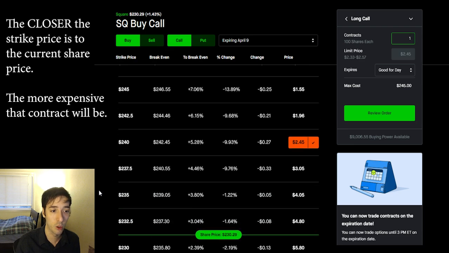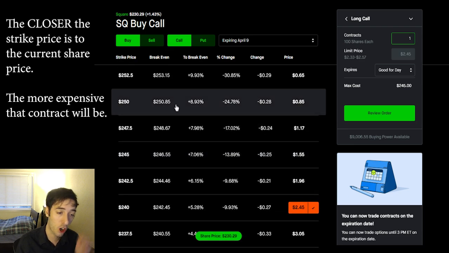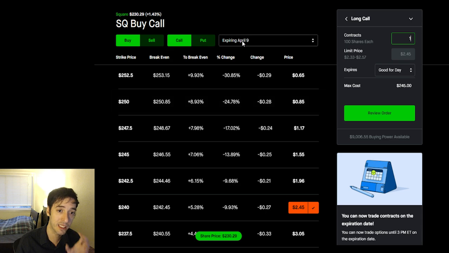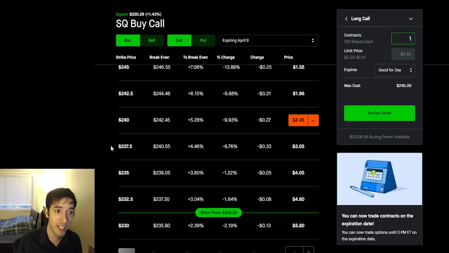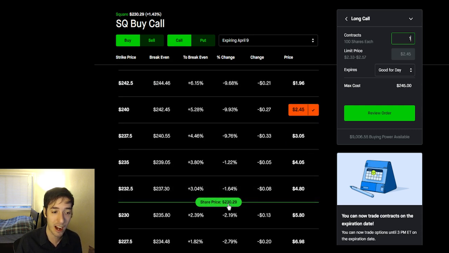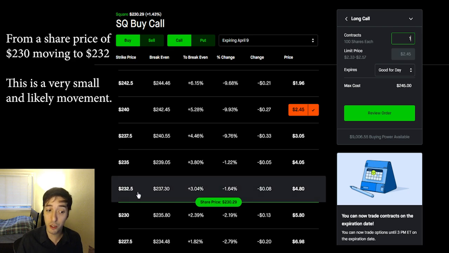Like, the odds that it goes to 250 are so low within this expiration date that you only have to pay $85 for this contract. But if it's already at 230 right now, the odds of it going to 232 are pretty high, right? Like, that's not far off.